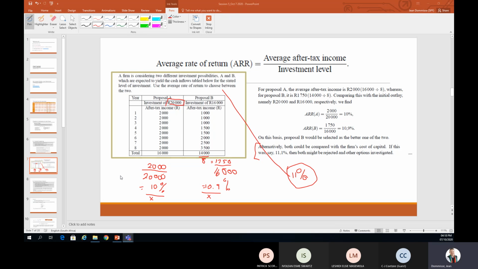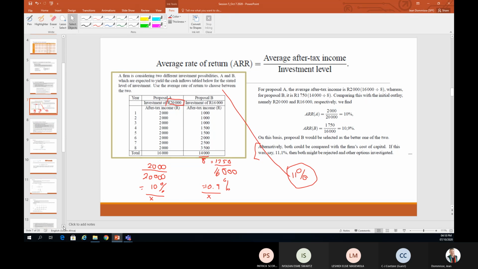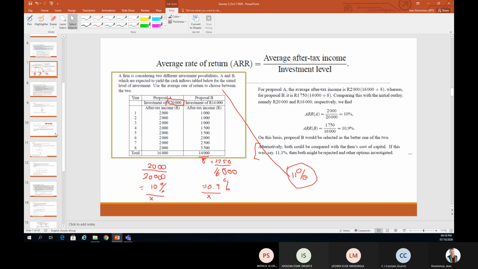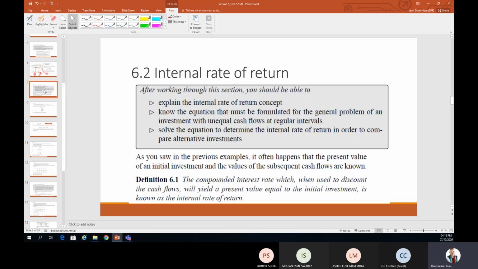Okay, so if you're happy, we can just go on to the next one, and the next one is the internal rate of return.